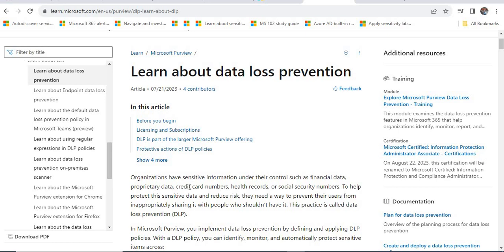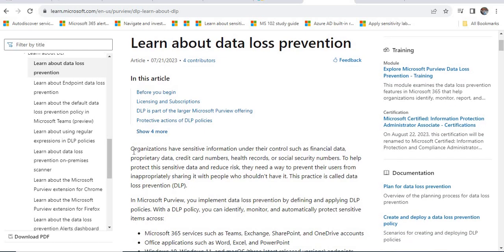See, if I go through the article: organizations have sensitive information under their control, such as financial data, proprietary data, credit card numbers, health records, or social security numbers.